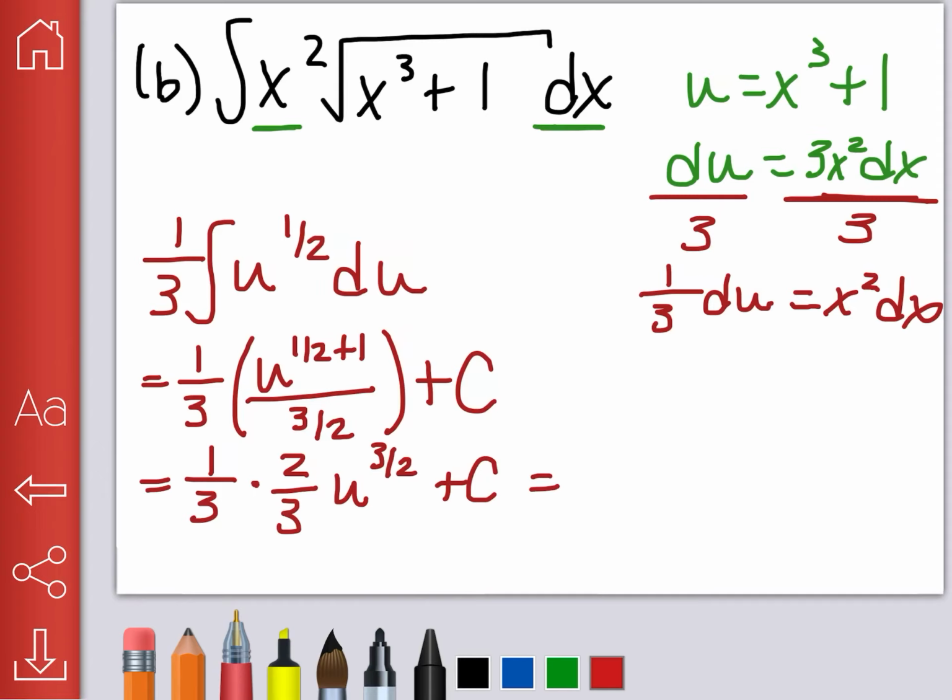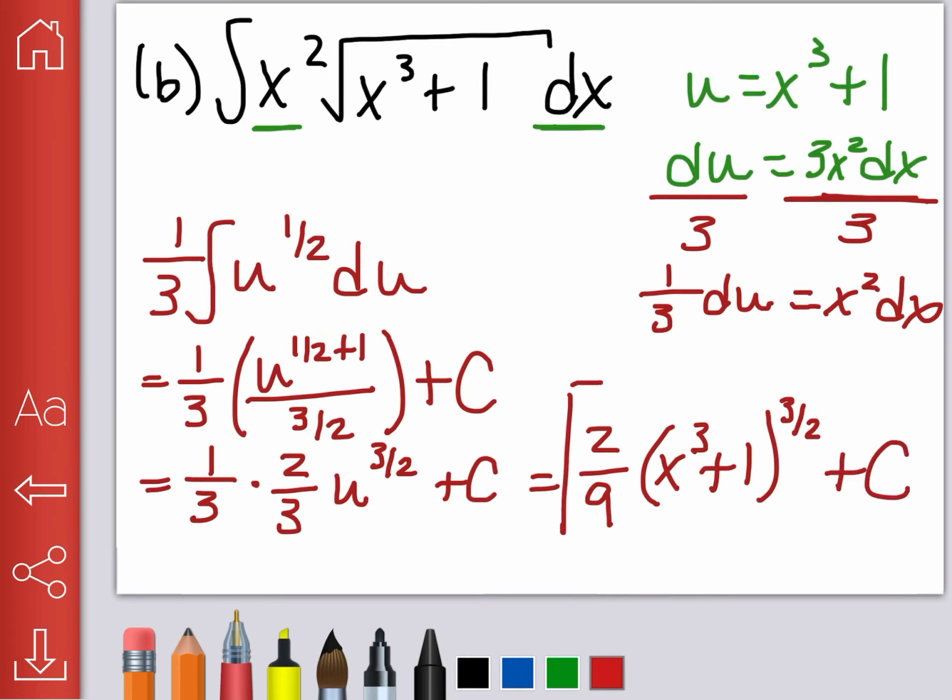This is 2/9. I'm going to plug my u back in, x cubed plus 1 to the 3/2 plus c. And I'm just going to leave it in exponential form, just like that.